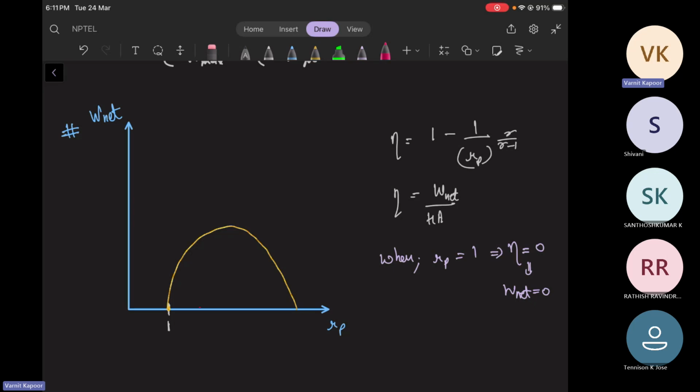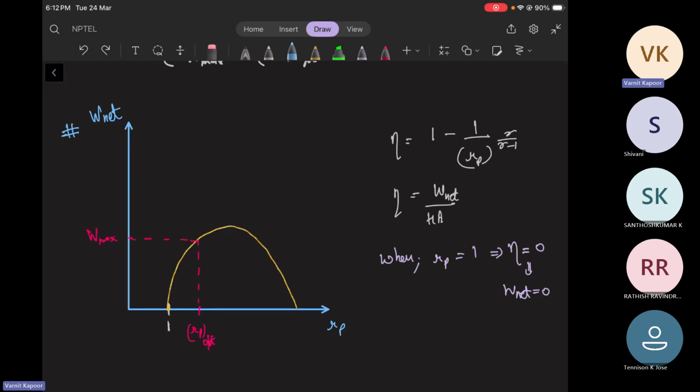So suppose this is my RP optimum. At that point, I will be getting maximum work. It is not at the midpoint. RP optimum is never at the midpoint of this parabolic shape.